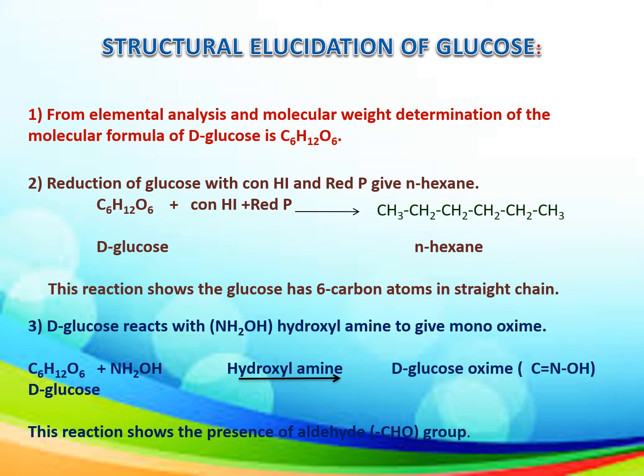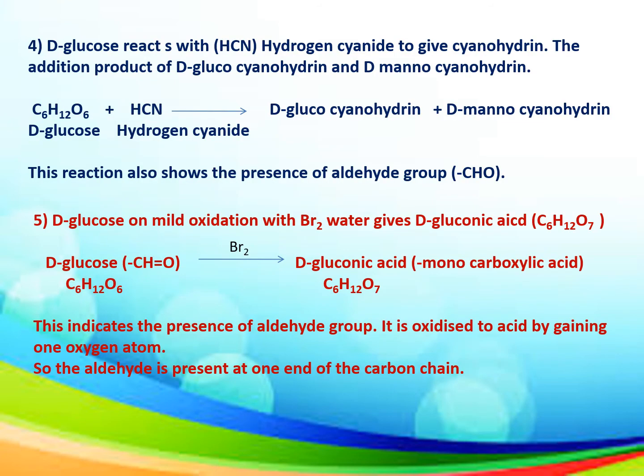Third one is D-glucose reacts with hydroxylamine, NH2OH, to give an oxime. So glucose may contain an aldehyde group at the terminal position. Fourth reaction, D-glucose reacts with hydrogen cyanide to give cyanohydrin. We get D-glucose cyanohydrin and D-mannose cyanohydrin.